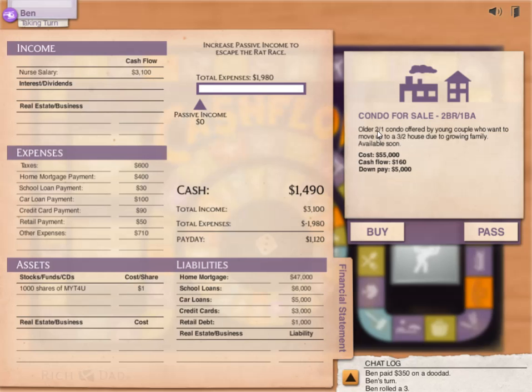So we've got an older two bedroom, 1 bathroom condo. It's $55,000, but you only actually need to worry about the down payment. Now the down payment here is $5,000, and it's going to give us $160 per paycheck in passive income.